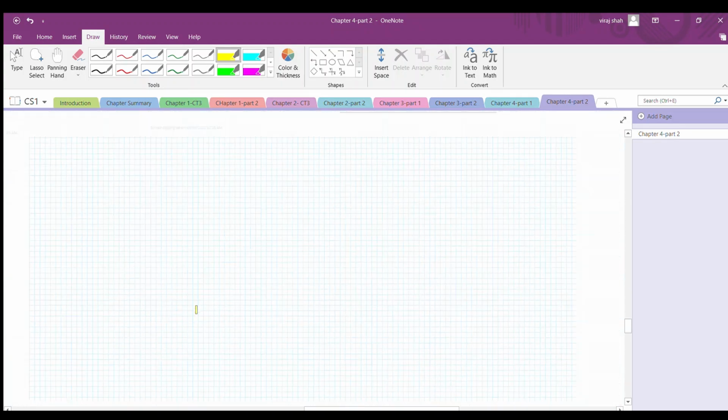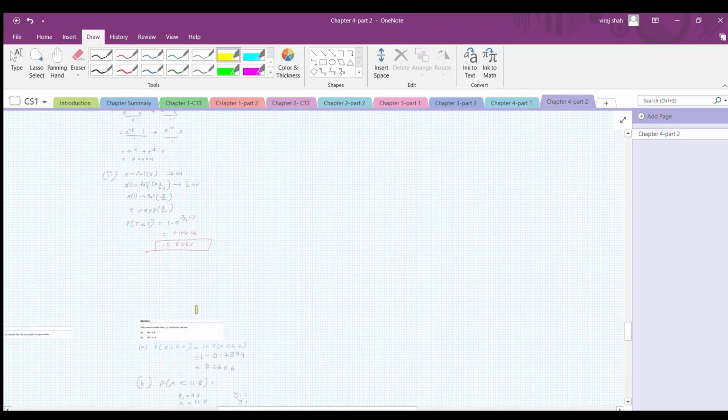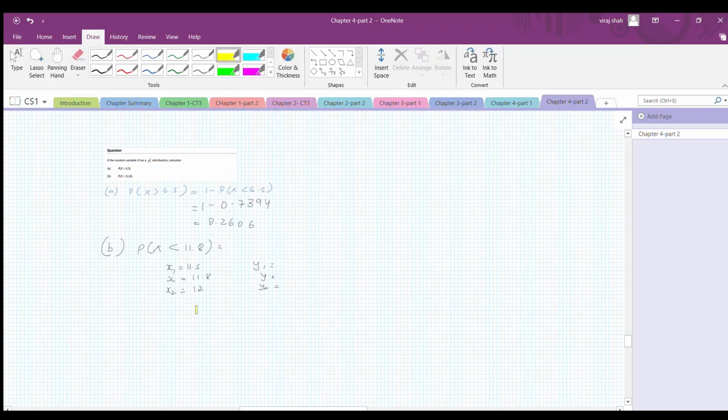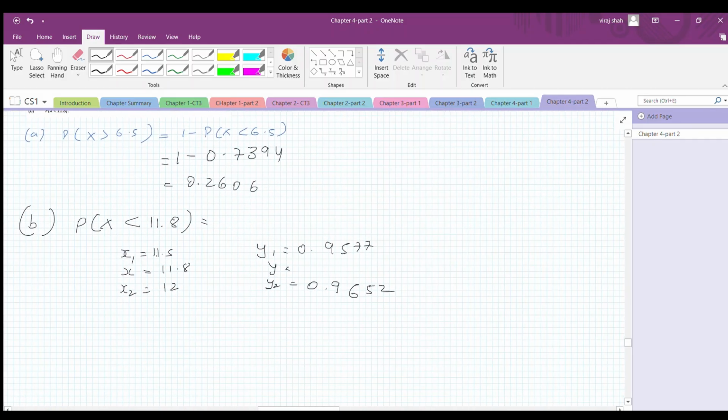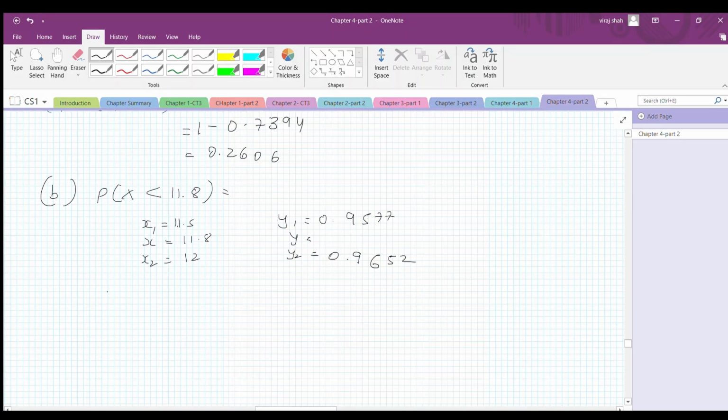So let me just write it here. It is 0.9577, 0.9652. What was the formula of interpolation? It was nothing but x minus x1 upon x2 minus x1 is equal to y minus y1 upon y2 minus y1. Let us substitute all the values.